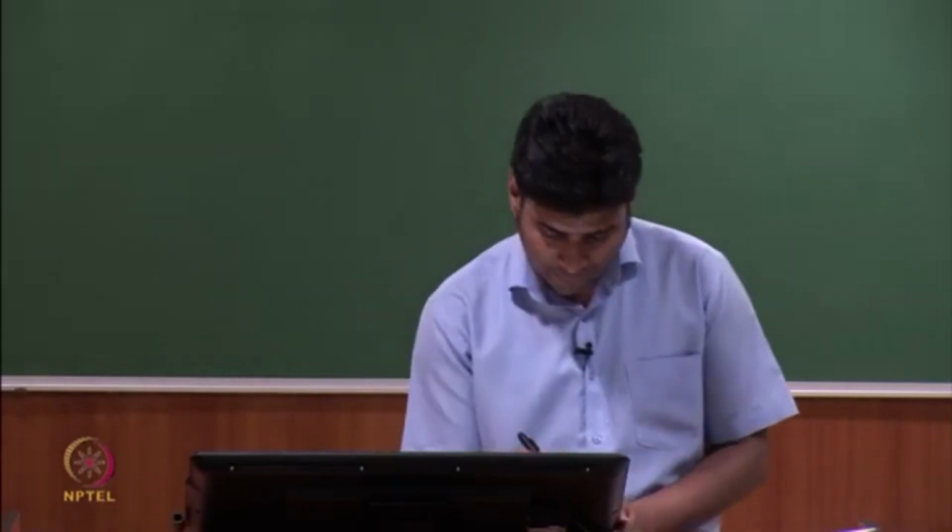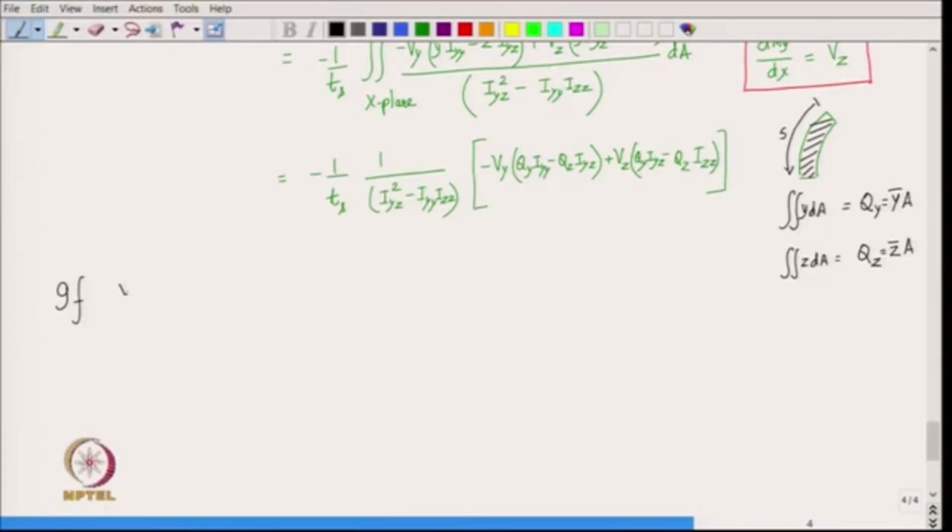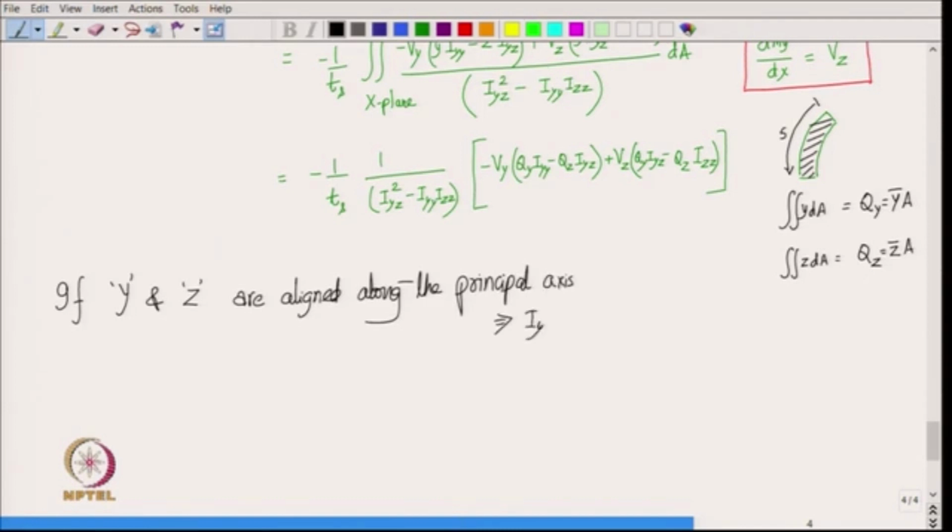So, if y and z axes are aligned along the principal axes, this implies I y z is 0 by definition.